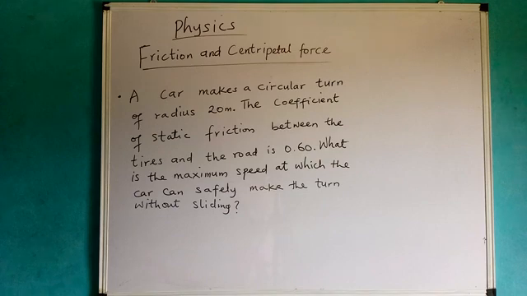The force that provides it is known as tension, and that tension exists in the rope you hold in your hand as you whirl the ball round. It means that tension provides centripetal force in the case of a rope.